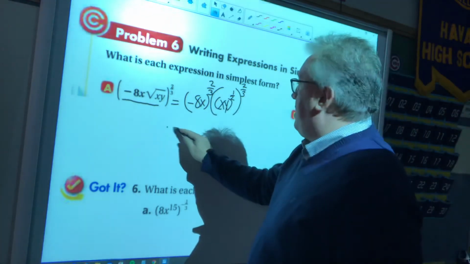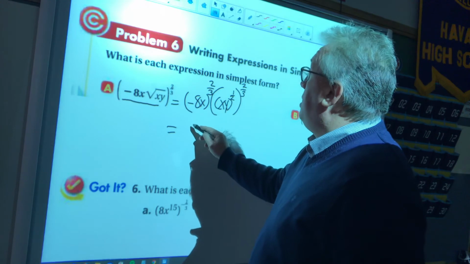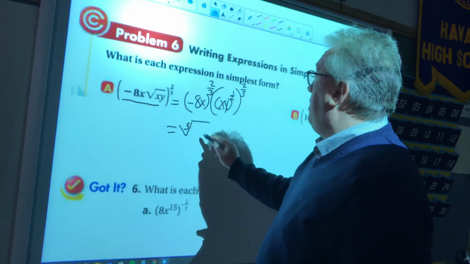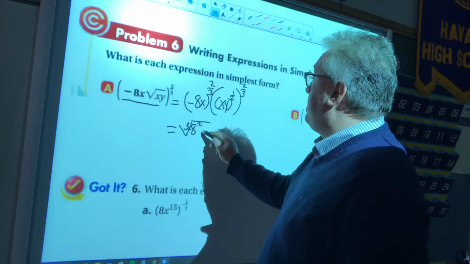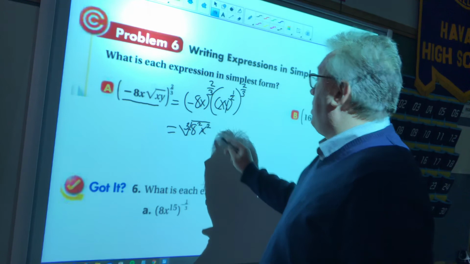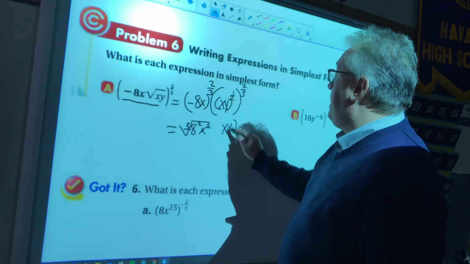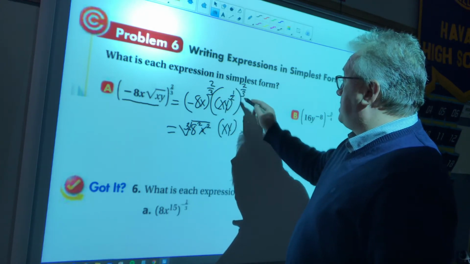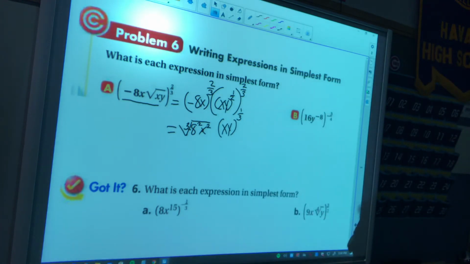So if I finish this out, this becomes the cube root of negative 8 squared x squared times xy to the 2/6 power, which is 1/3 power.